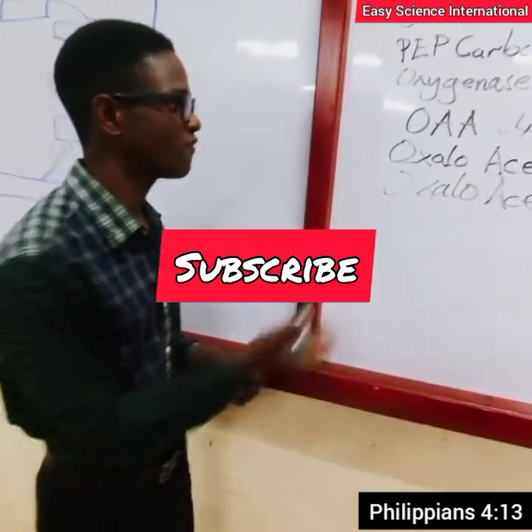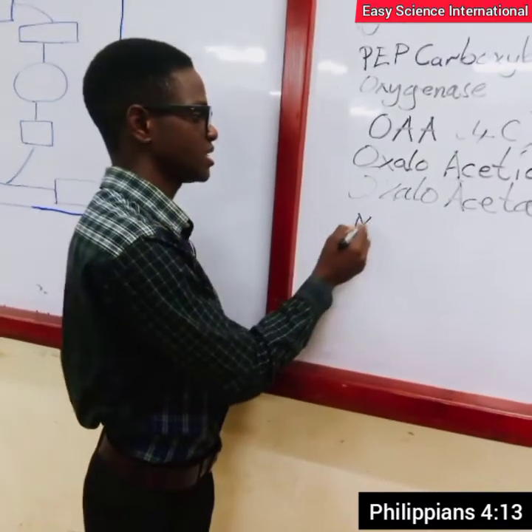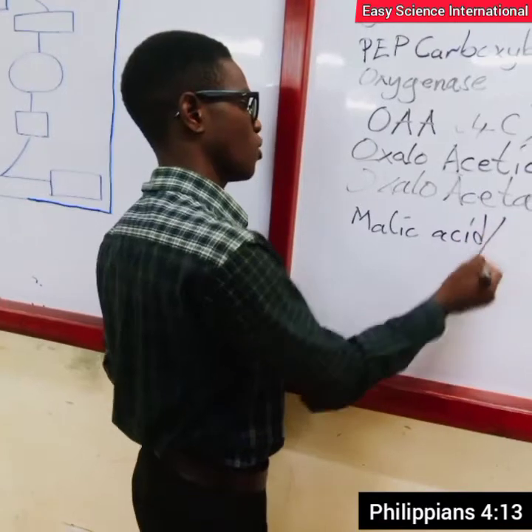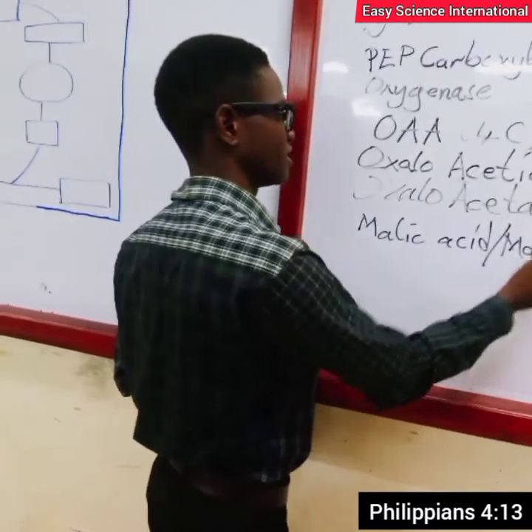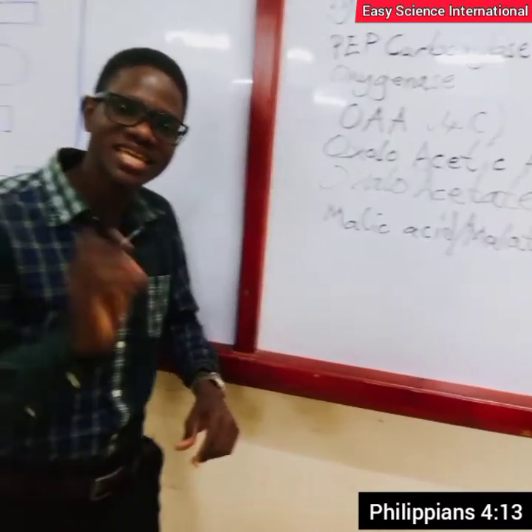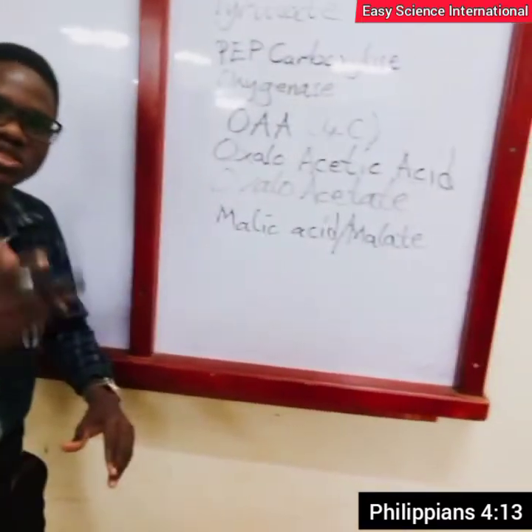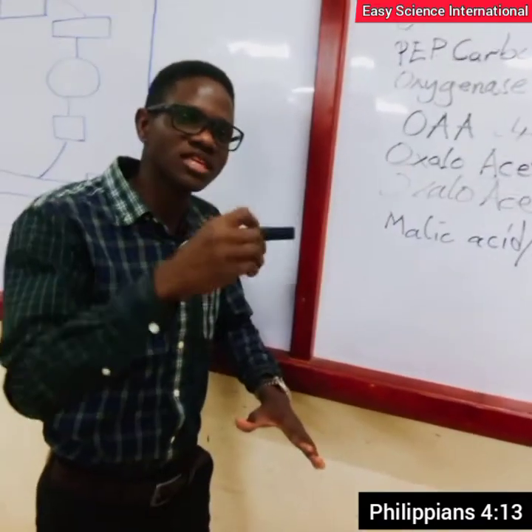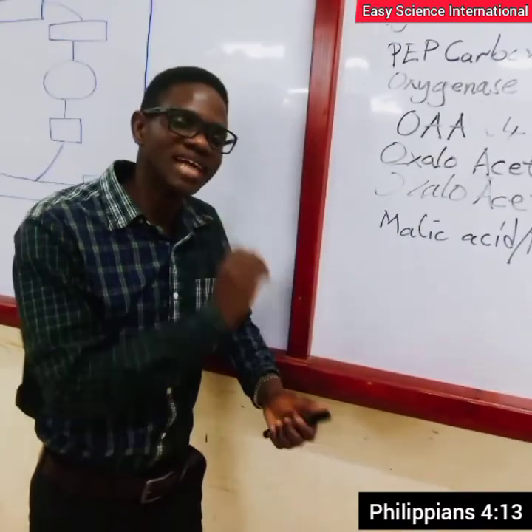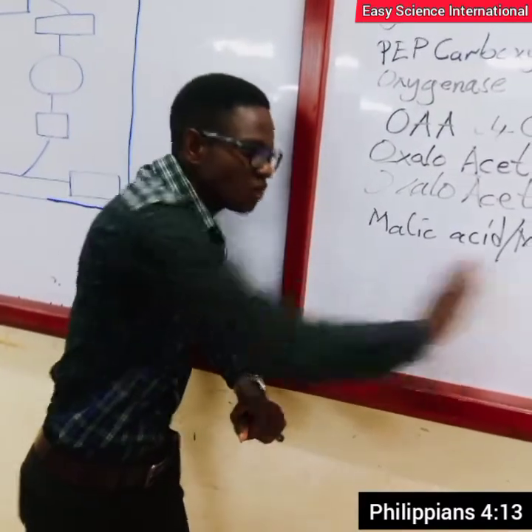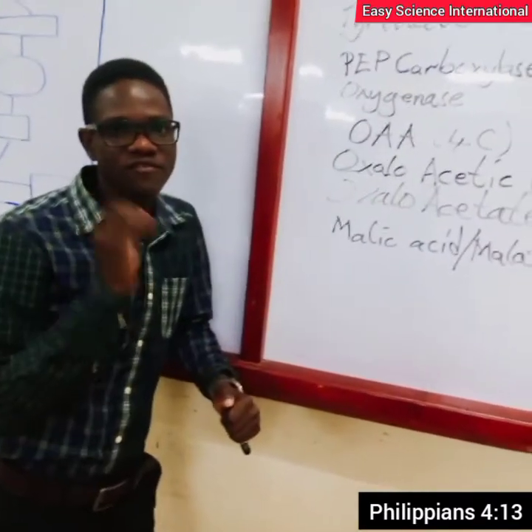Now, we form malic acid or malate. You don't want to write acid. Now, malic acid then accumulates in the photosynthetic cells of these CAM plants during the night. So during the night, this is the only work that happens in the leaf of a CAM plant.